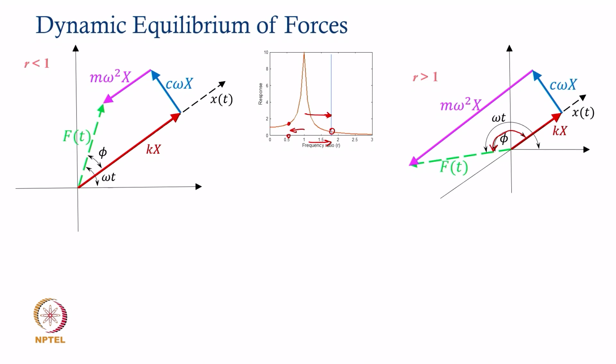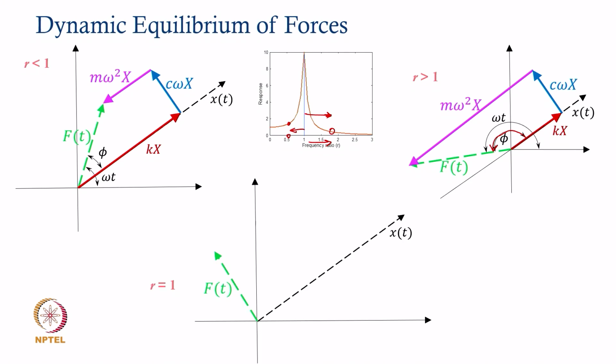The last case, which is quite interesting, is when we are operating close to resonance. Okay. So, when we are operating close to resonance or at resonance, obviously, we have seen that at resonance the angle phi, we have talked about it a number of times, is pi by 2.